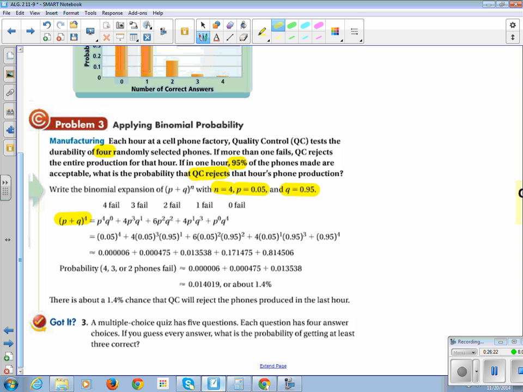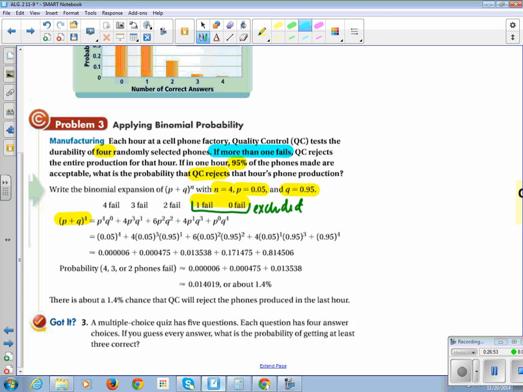4, 3, or 2 phones fail. We have to exclude these values here. So let's write that down, excluded. Why are we excluding the 1 fail and the 0 fail probabilities? It's this one right here.